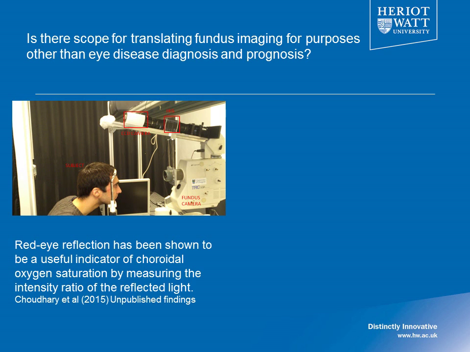Here with Andy Harvey, we used the fundus camera to record red eye reflection. So rather than looking at the oximetry directly from the choroidal circulation, we used the red eye reflection to see if it was a useful indicator of choroidal oxygen saturation, and therefore we measured the intensity ratio of reflected light.